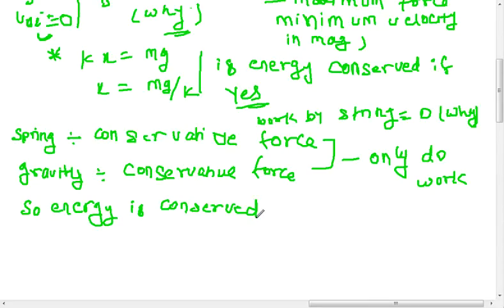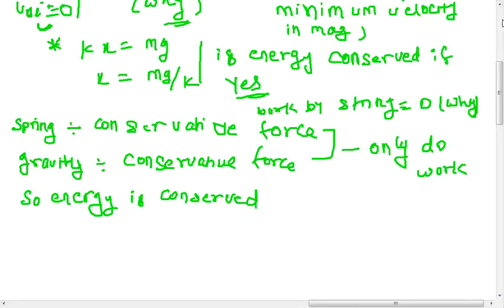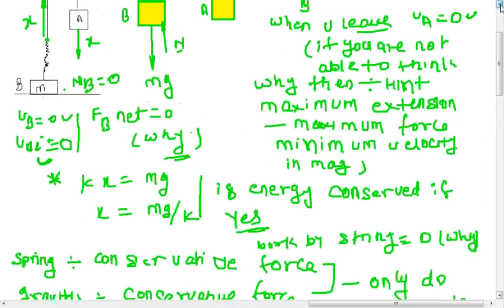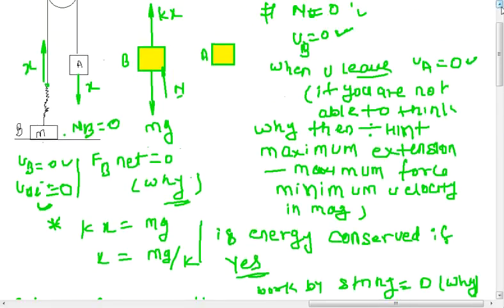Now we should take some limit. Let's suppose at this point the gravitational potential energy is equal to 0.